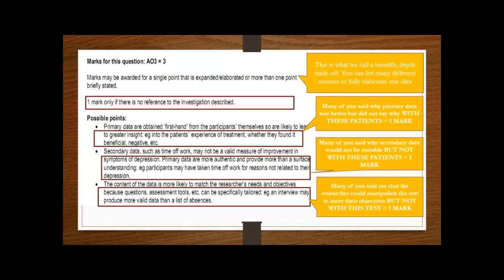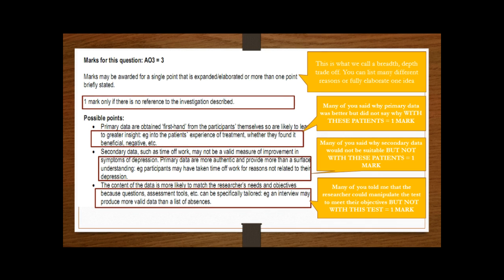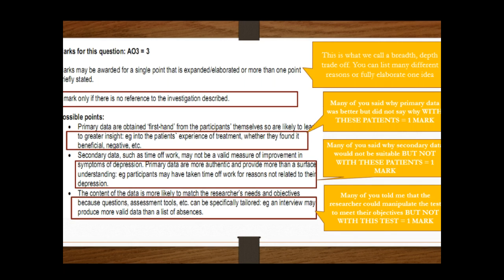But a load of you knew what the problems were with secondary data. You knew why primary data would have been better, but it was nothing to do with this stimulus. So many of you said primary data was better, but you didn't say why with these patients, because it gets their patients' experiences, whether they find it beneficial, you get greater insight. That's all you had to do.